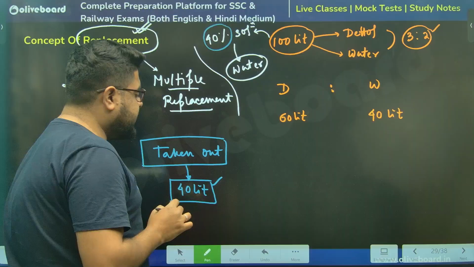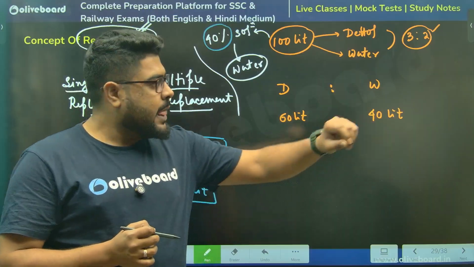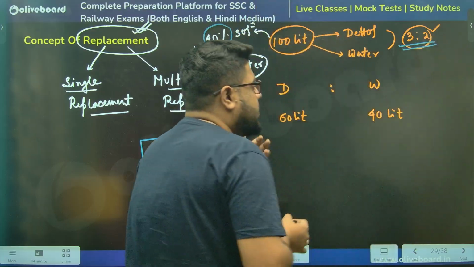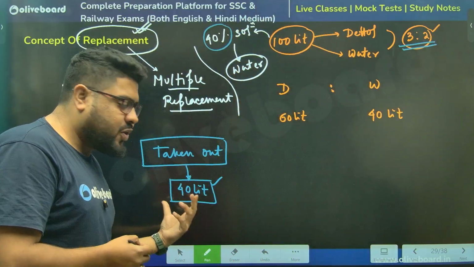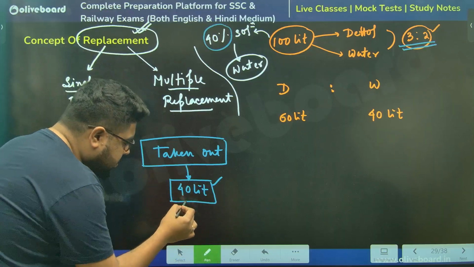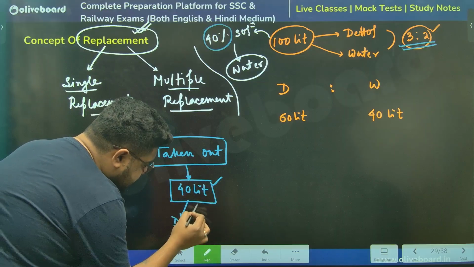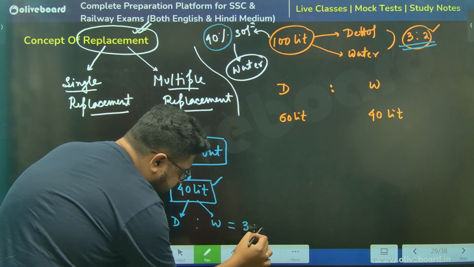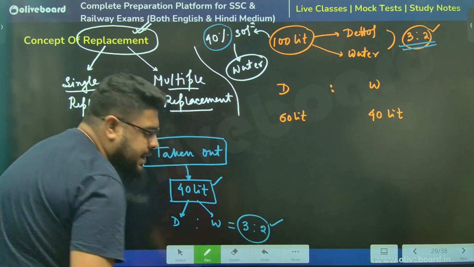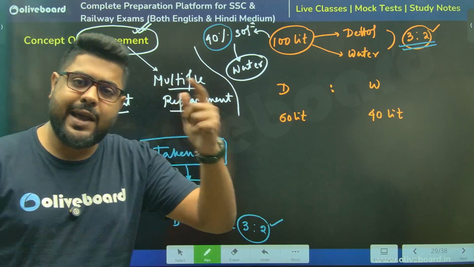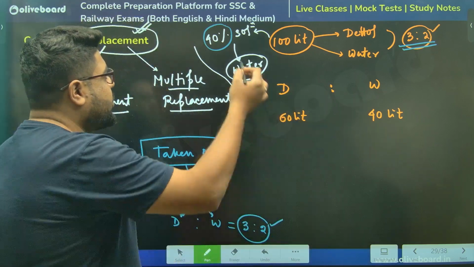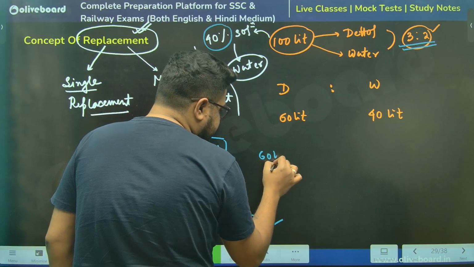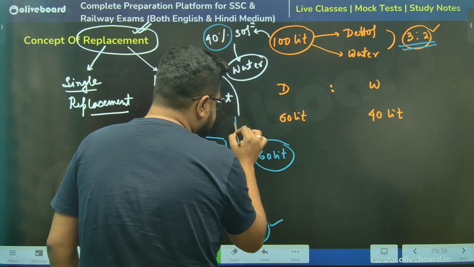Now, out of this 40 liters, remember, if the ratio of Dettol and water is 3 is to 2, whatever I've taken out, that means this 40 liters, here also Dettol and water will have the same ratio of 3 is to 2. Or you can think like this: out of 100 I've taken out 40 liters, meaning 60 liters is the remaining solution.